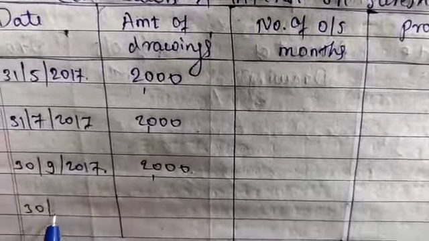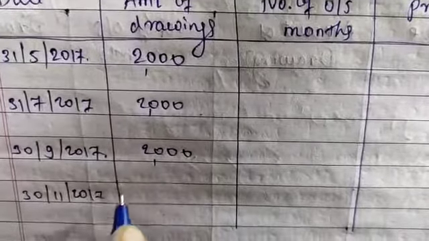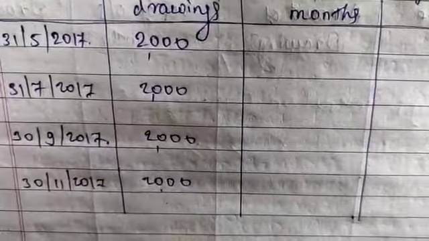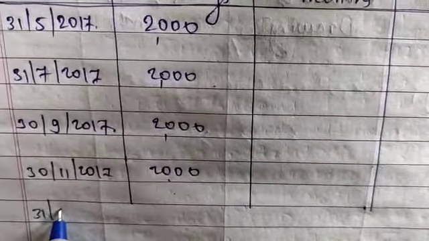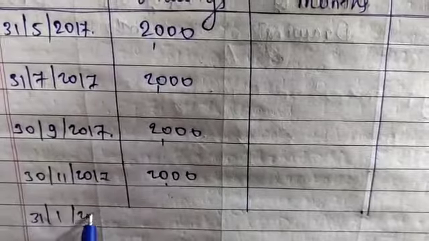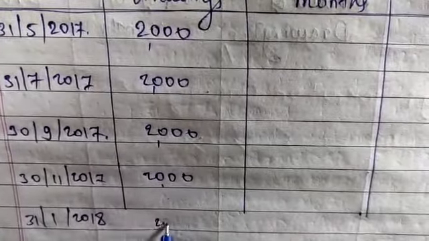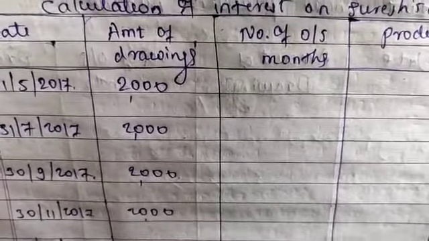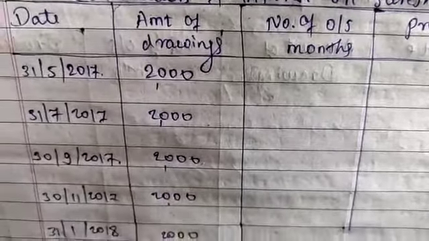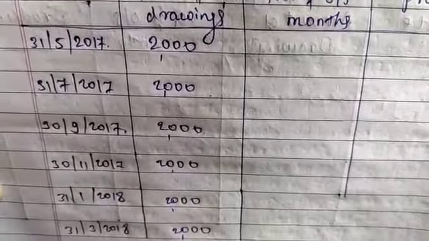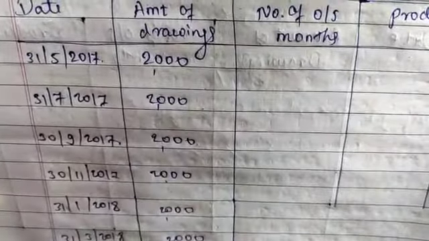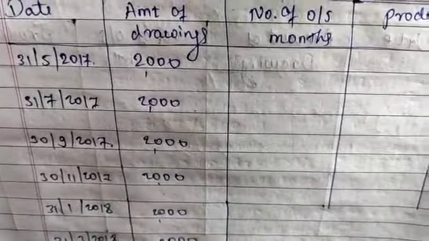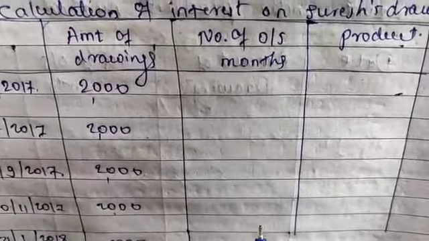And next one 30th November 2017, 2000. And next one 31st January 2018, 2000. And the last one 31st March 2018, it is 2000. So like this they make drawings at the end of every 2 months, rupees 2000. Likewise this one.